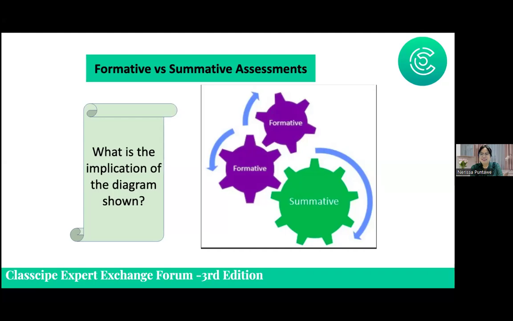I'm sure for physics, you know how this works, right? You can see the arrows and they're actually connected with each other. So what do you think is the implication of the diagram in relation to the assessments?